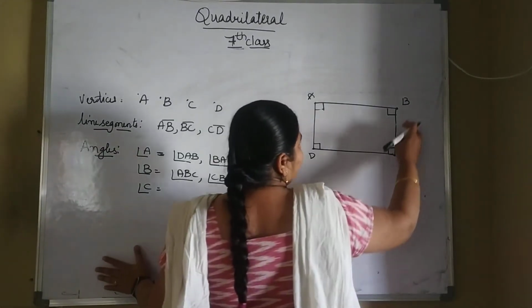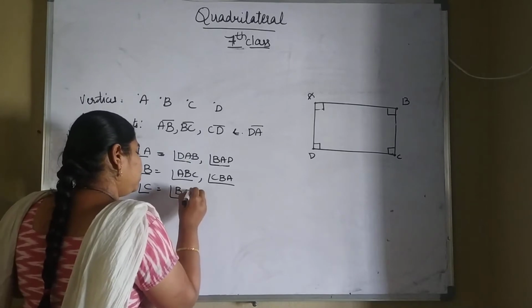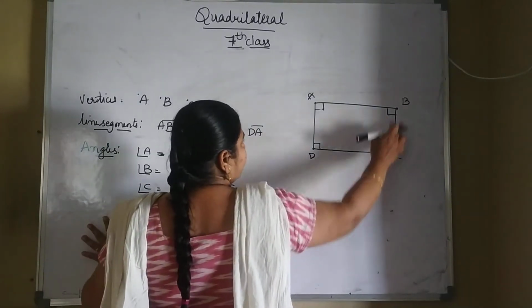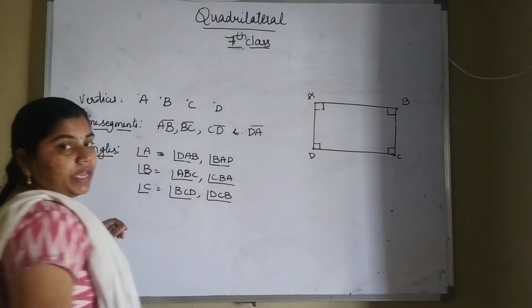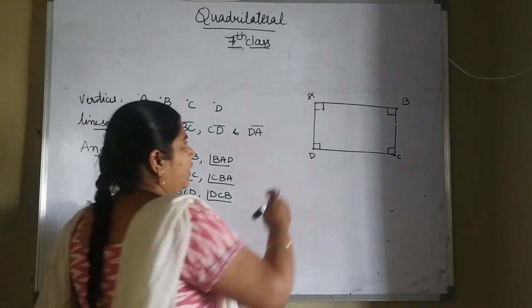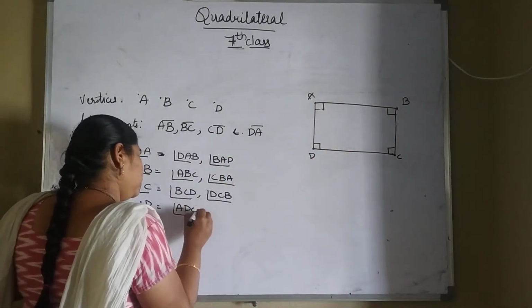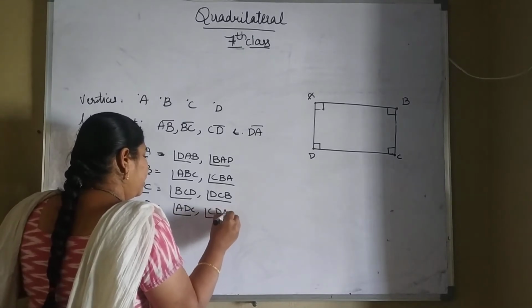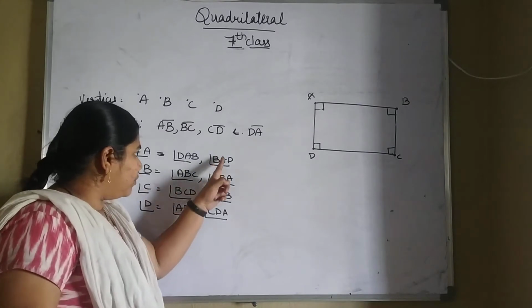Angle C can be written as BCD and DCB. Next, angle D. How will you write angle D? ADC or CDA.